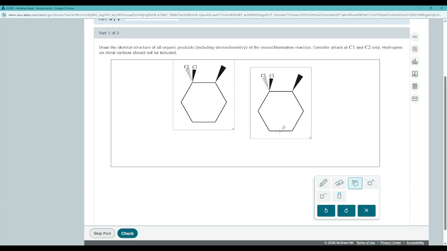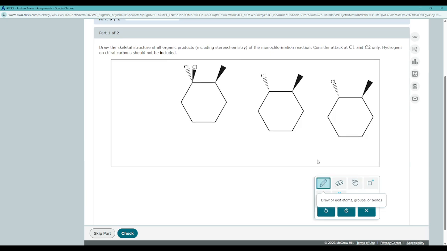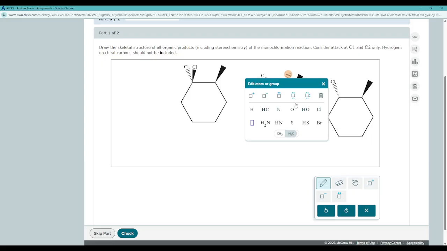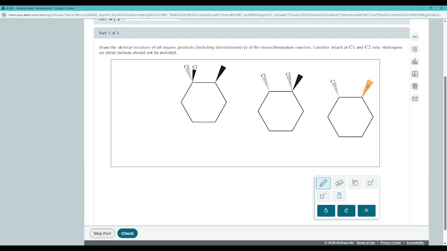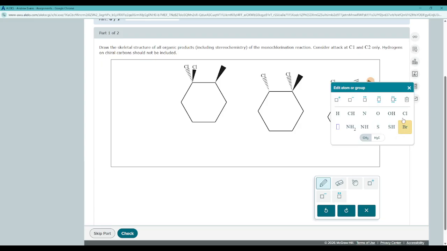If I attack the C2, it is going to go square planar. So that means we could add the chloride to the top or to the bottom. And so you're going to get both the cis and the trans chloride.